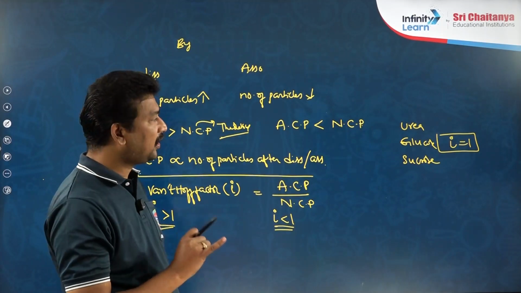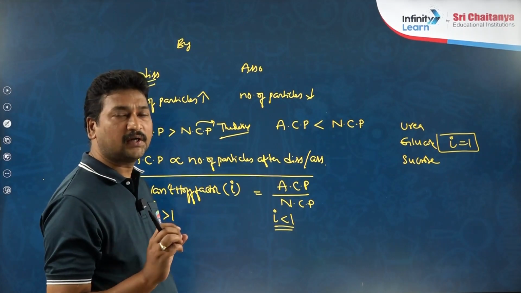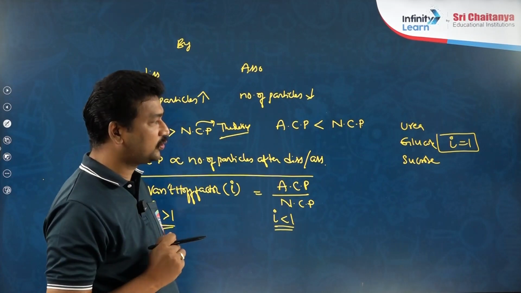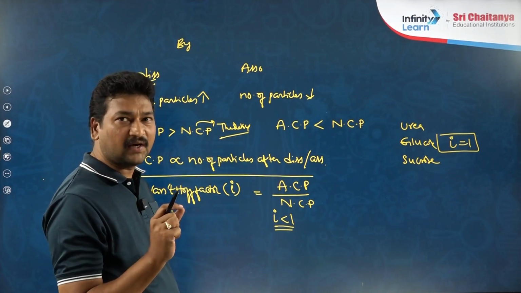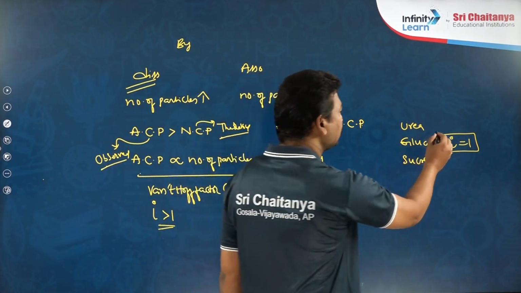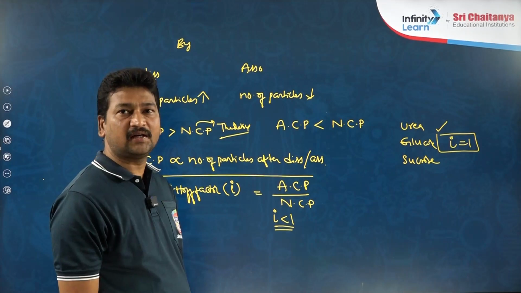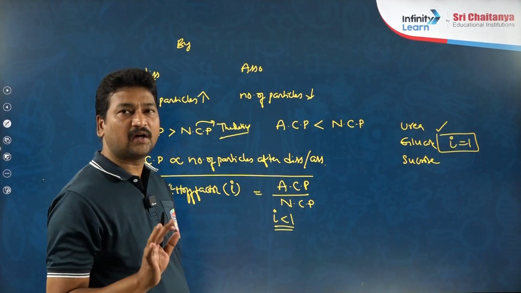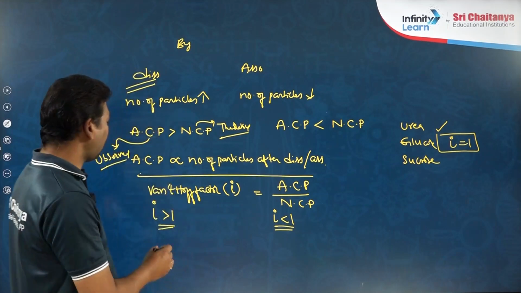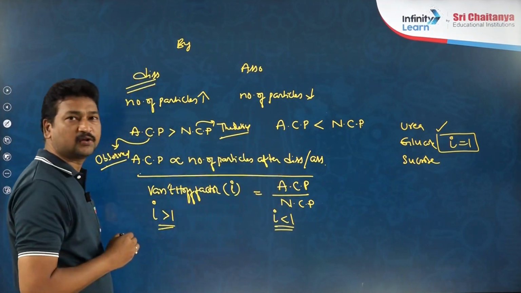In a question, when you find such solutes, urea, glucose or sucrose, or if it is given as a non-electrolytic, non-volatile solute, you can mention the i value is equal to 1. So you can feel comfortable that it is a normal value of the colligative property. No abnormalities can be seen. So i greater than 1 for dissociation, i less than 1 for association.